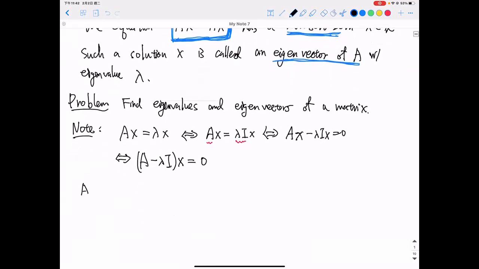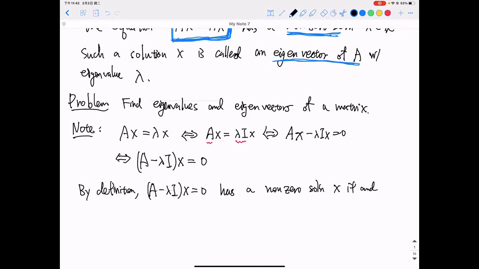So by definition, A minus lambda I times x equals 0 has a non-zero solution if and only if A minus lambda I is singular.